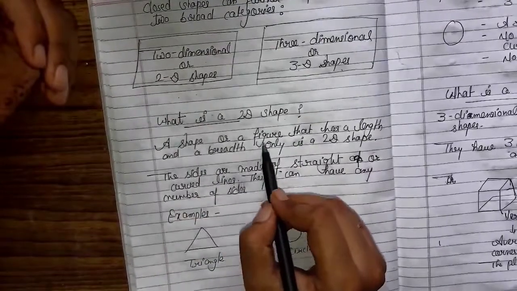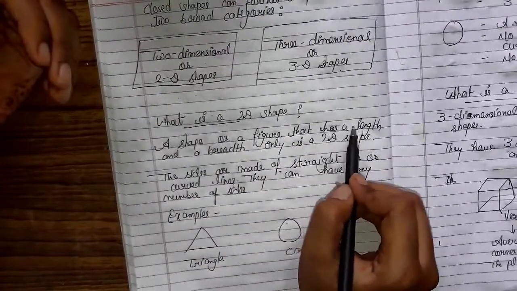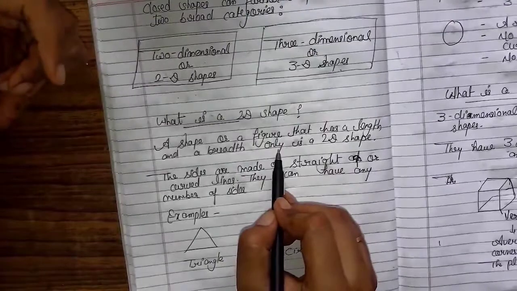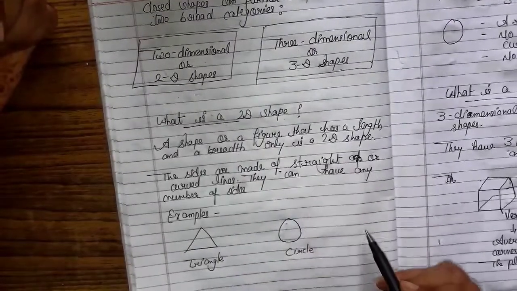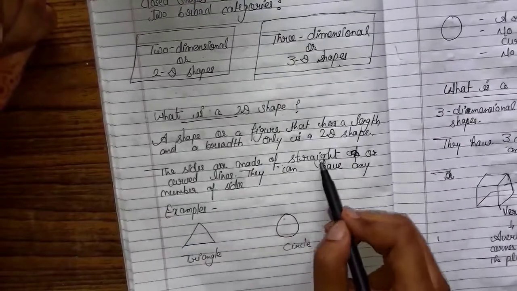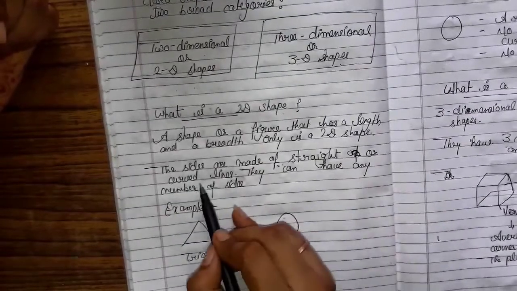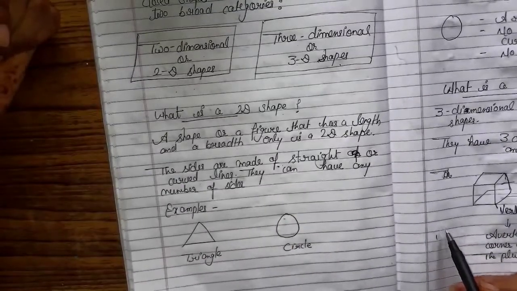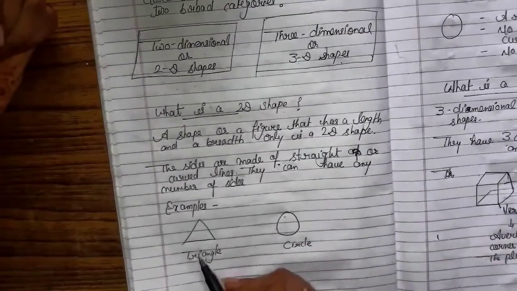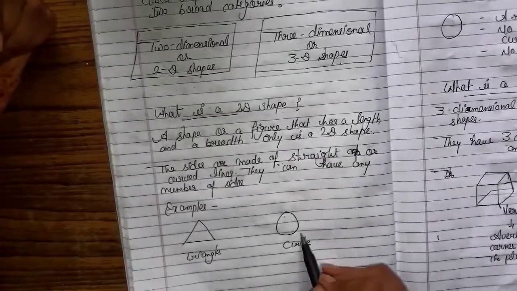A shape or a figure that has a length and a breadth only is a 2D shape. The sides are made of straight or curved lines. They can have any number of sides. For example, there are two examples, a triangle and a circle.